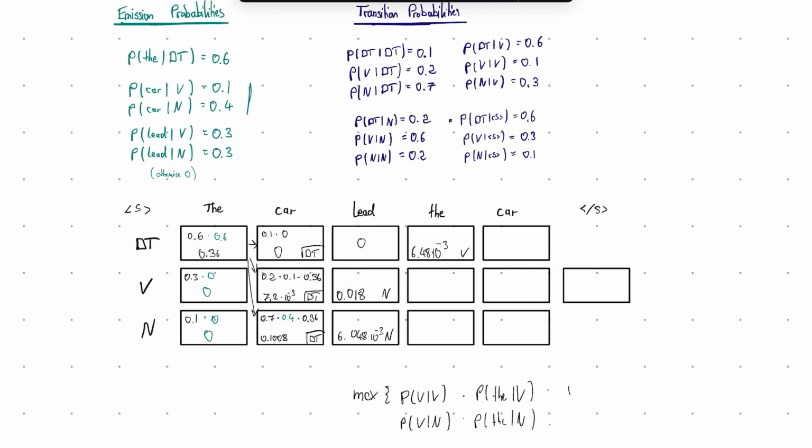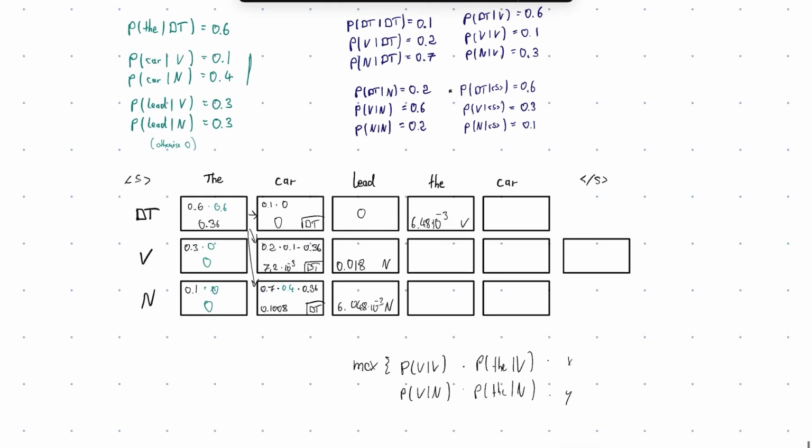And of course, this is 0 for both. So that entire thing is 0. Then for the next one, we would be in the noun state. So we would take the maximum of this transition, verb to noun or noun to noun, and then emitting the in the noun state. But similar to this case, it doesn't have any emission probability for being in the noun state. So that will also result in a 0 for us.